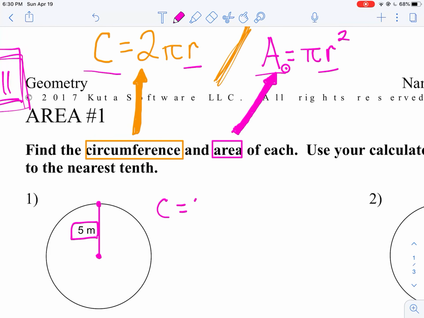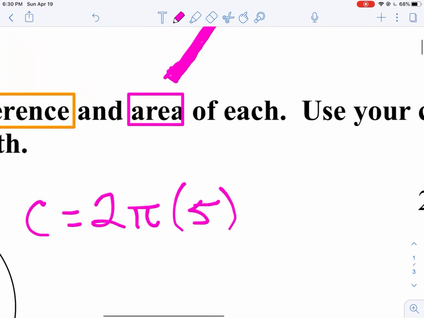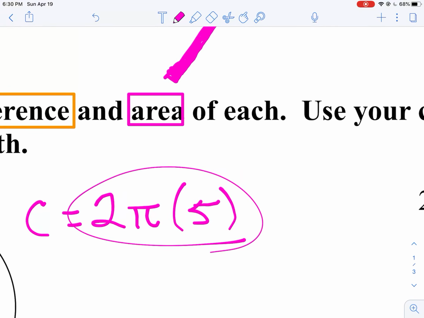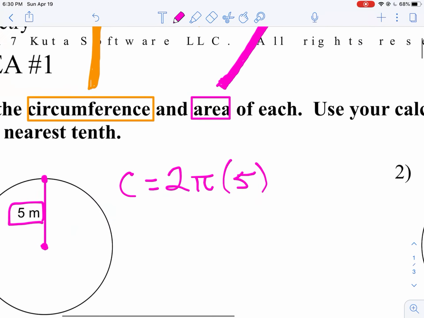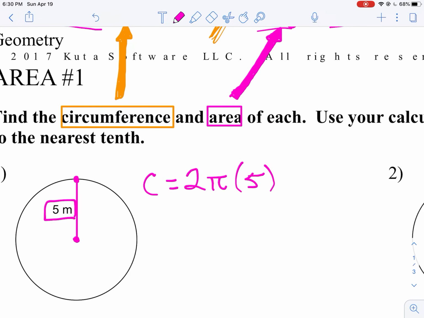And then all we have to do is plug it into the formulas and we're pretty much done. Circumference equals 2 times pi times, and we just discussed how the radius is 5. So all you have to do is put this in your calculator of choice and you should get the answer. Take some time right now and practice using whatever calculator you have, multiplying 2 times pi times 5, and you should get 31.4.